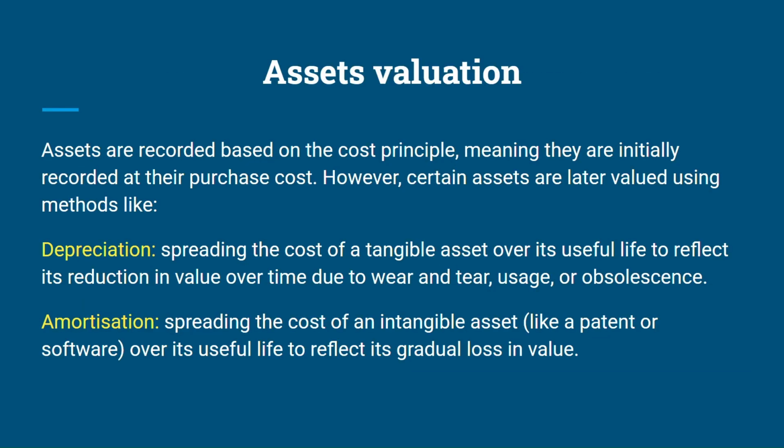So they charge way more than local cafes, and that charging more is what we call goodwill. Right. Now, assets valuation. What happens with assets is that we usually record assets based on their cost, when they were initially recorded at their purchase cost, right?